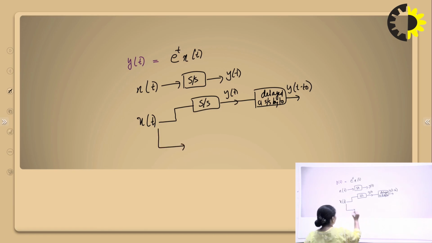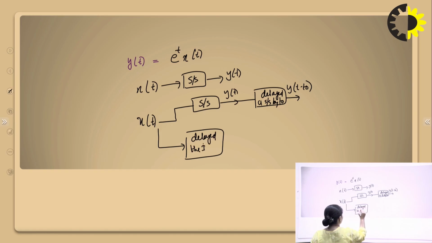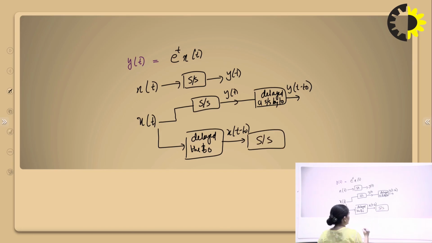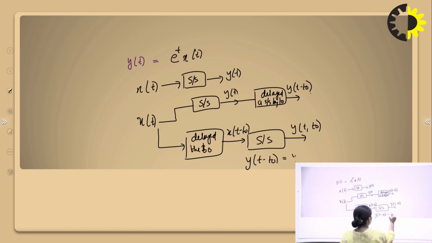Or what we do, first we delay the input, we introduce the delay by t naught, so we got x of (t minus t naught) here, and then we apply this to our system and we got something y(t, t naught). Now if these two outputs are equal, that is y of (t minus t naught) equals y of (t, t naught), then the system is time invariant.